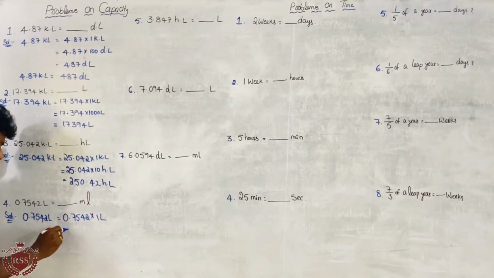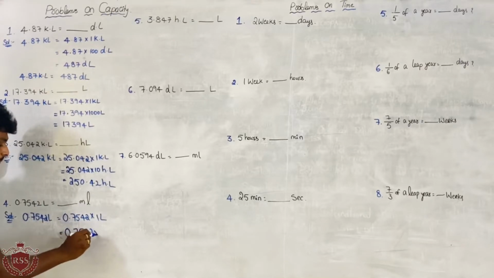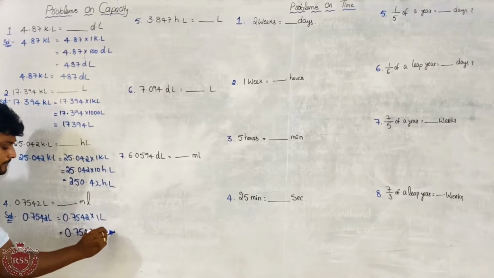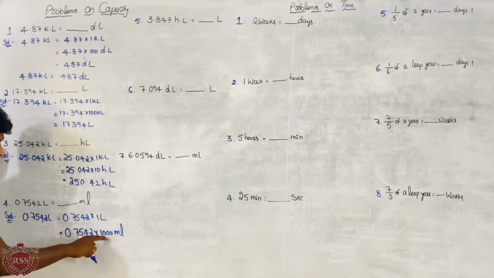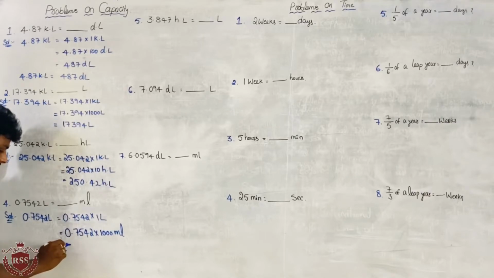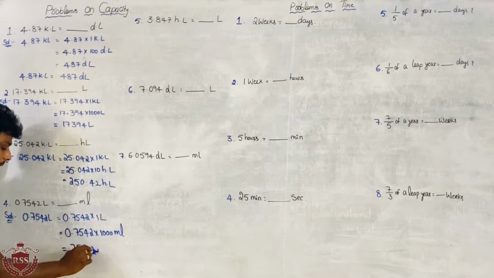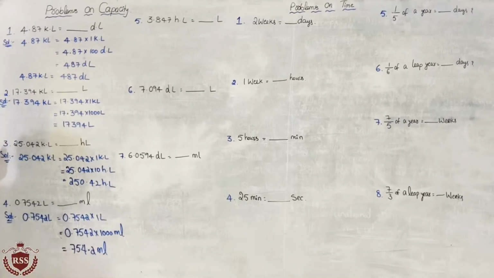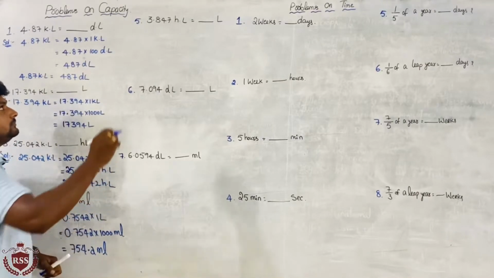So 0.7542 into 1 liter equals 1000 milliliters. Here we have three zeros, right? So the decimal point will be moved by 3 digits. So it will be 754.2 ml, milliliters. Clear? Next one.